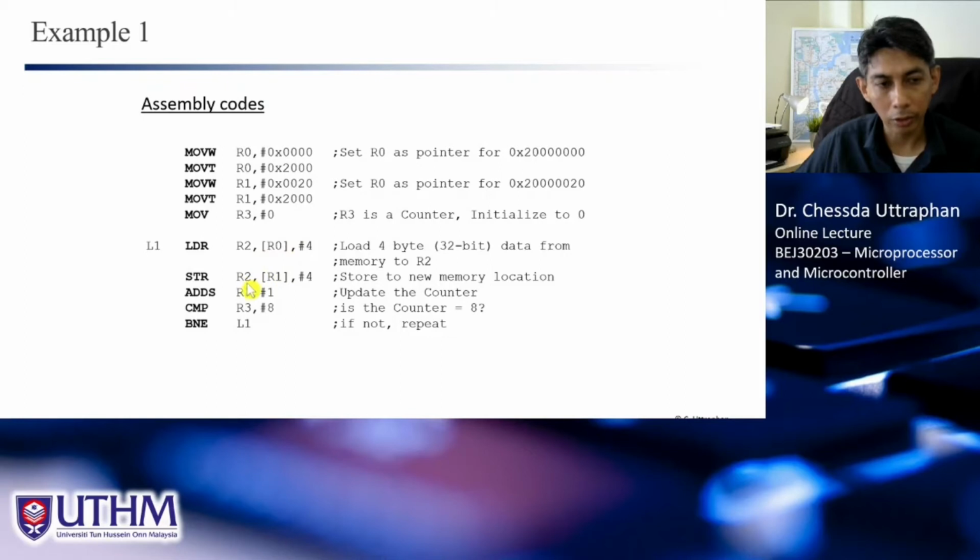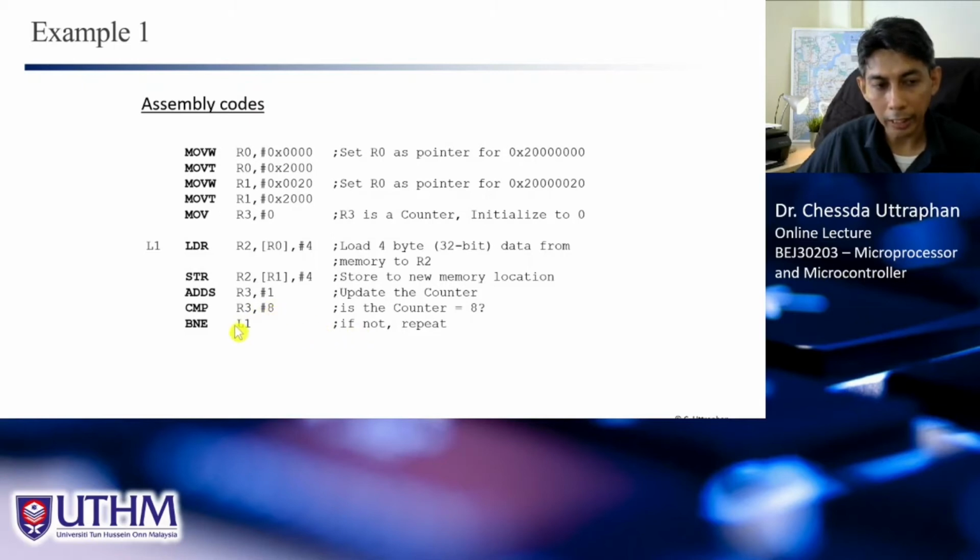And then we store R2 into what is in R1, which is this address, R1 here, this address. And again, we update the value in R1 by 4 plus 4, so that we go to the next one after this. And here is to update the counter, right? We add with 1 and we compare whether it is equal to 8 or not.